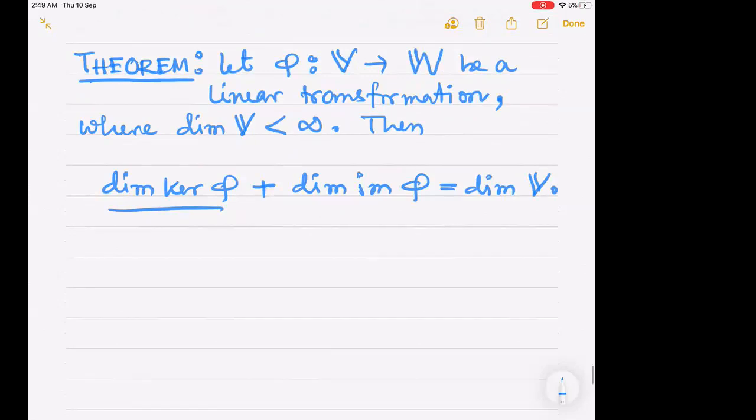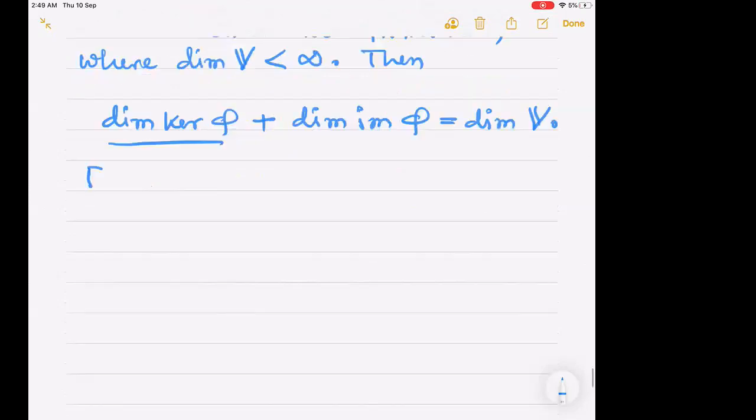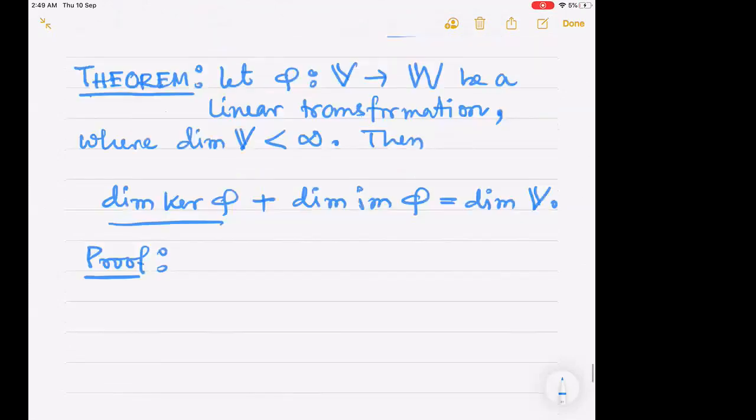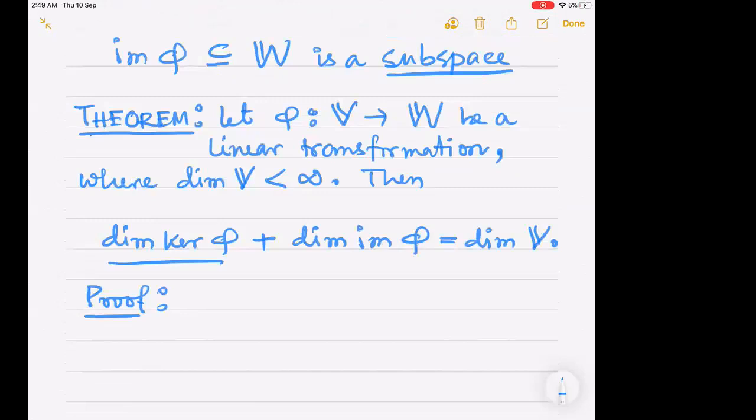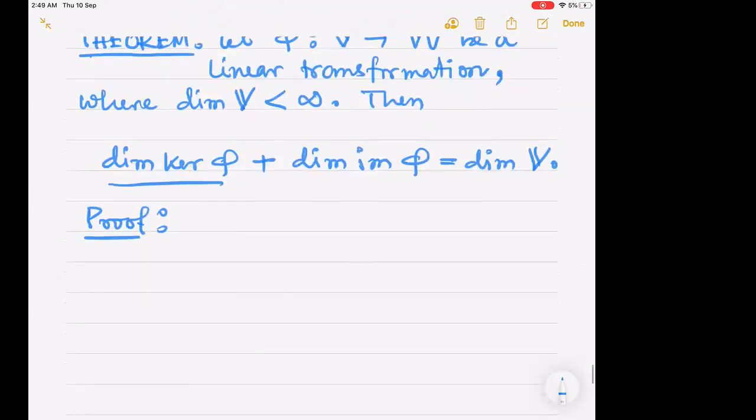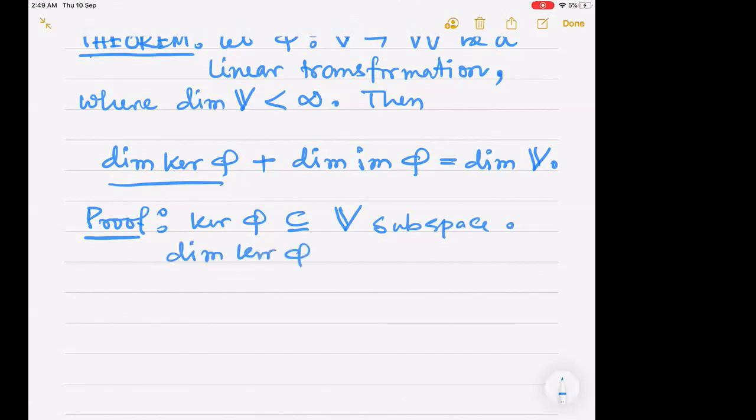But let us look at the proof of this. Now, all right. The kernel of phi is a subspace of V, as we've seen. And because V is finite dimensional, this also is finite dimensional.